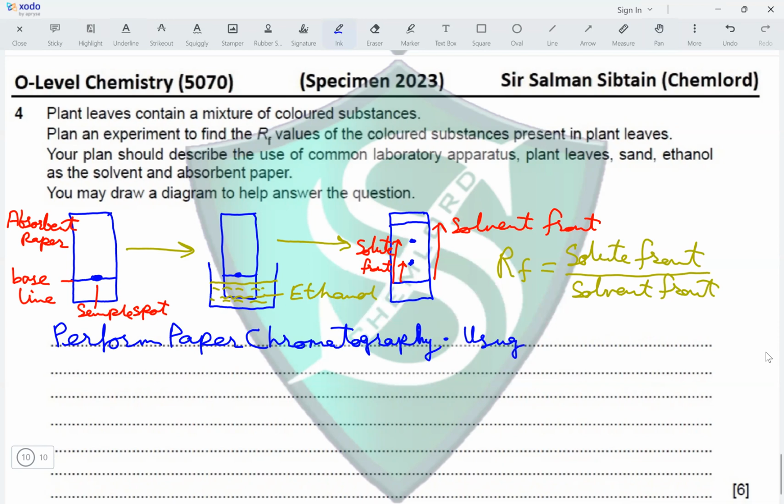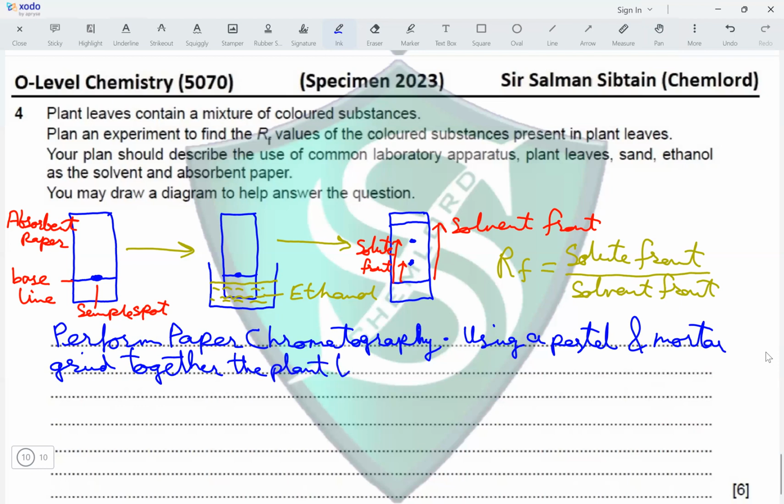Using a pestle and mortar, grind together the plant leaves, sand, and ethanol.